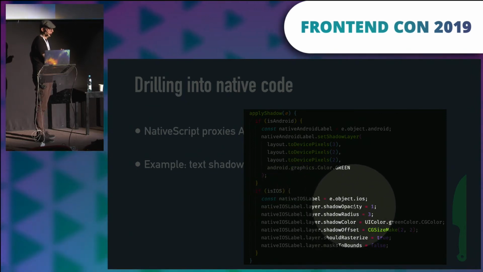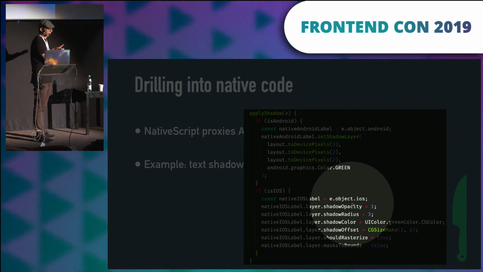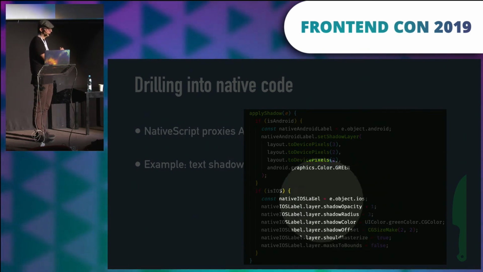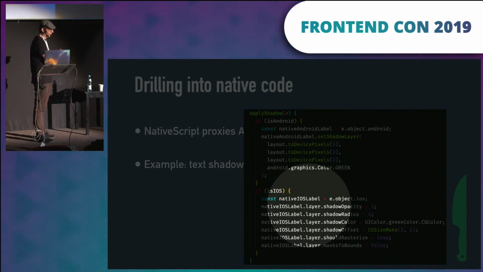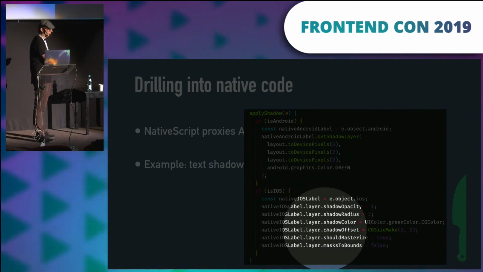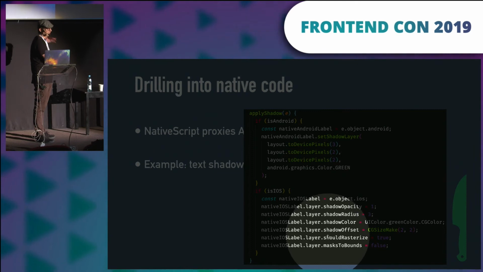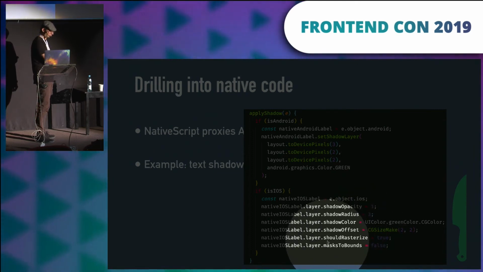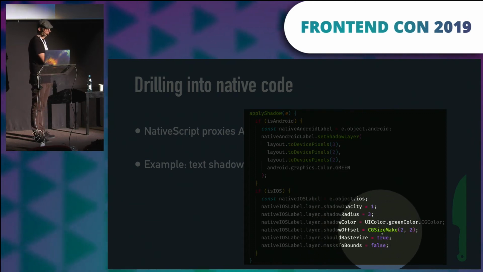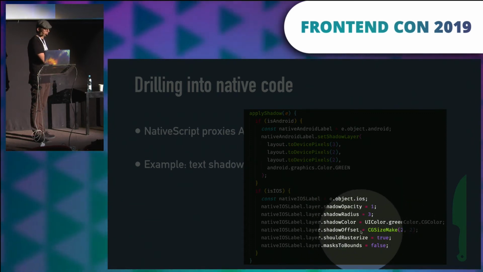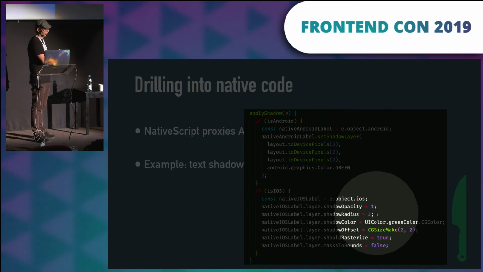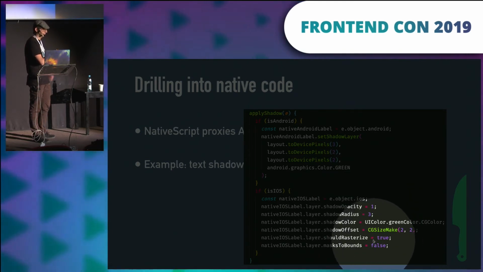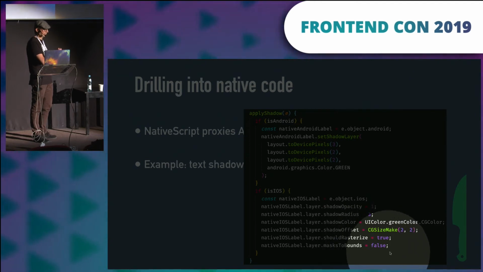I grab a reference to the underlying native component, in this case the UI label, and then from this moment on, I am just setting properties on the native component directly, even using some weird macros that exist on Objective-C and things like that.